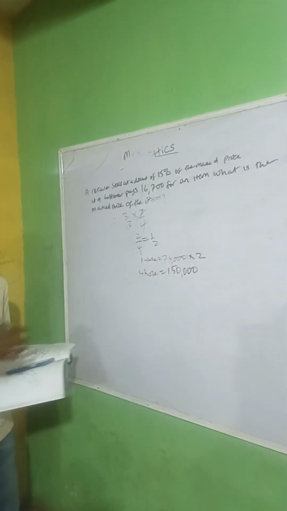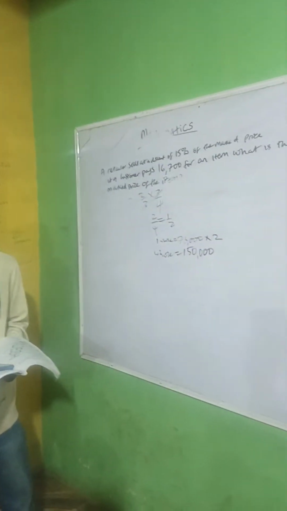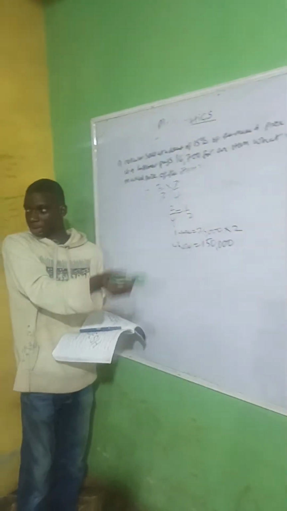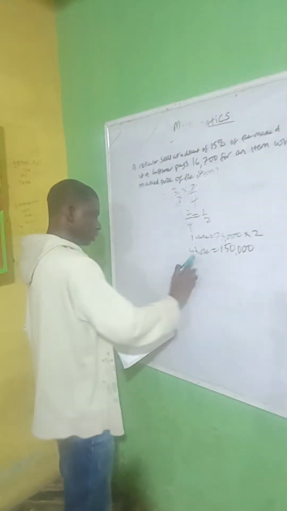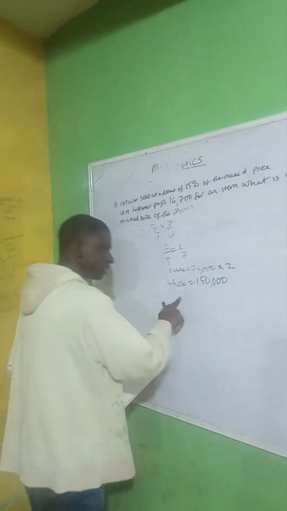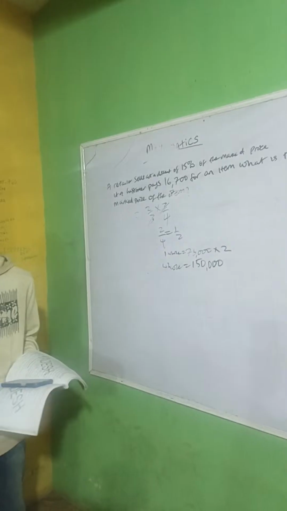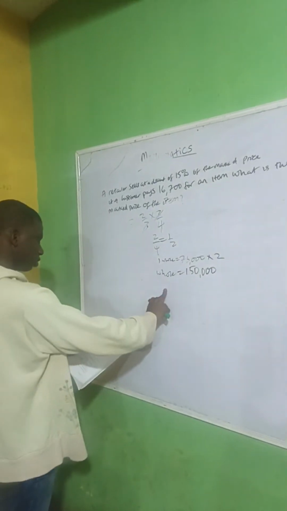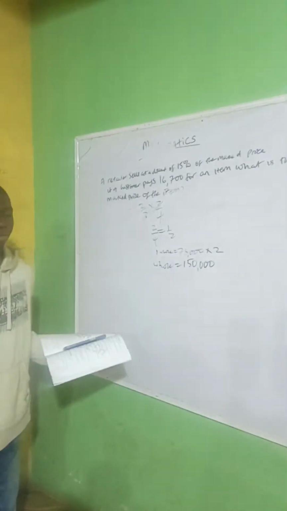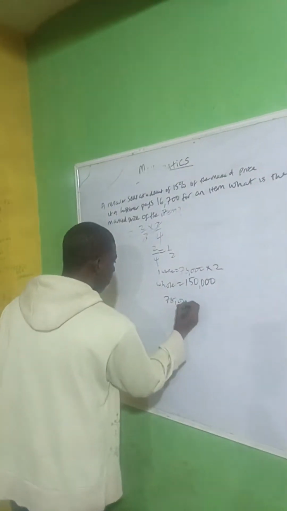Because 75,000 is representing half, which is 1/2 of the business. So think of the whole business as 2 equal parts. If you have 1/2 and 1/2, it's going to give you 1, right? So if 1/2 is equal to 75,000, then the other half is also 75,000.